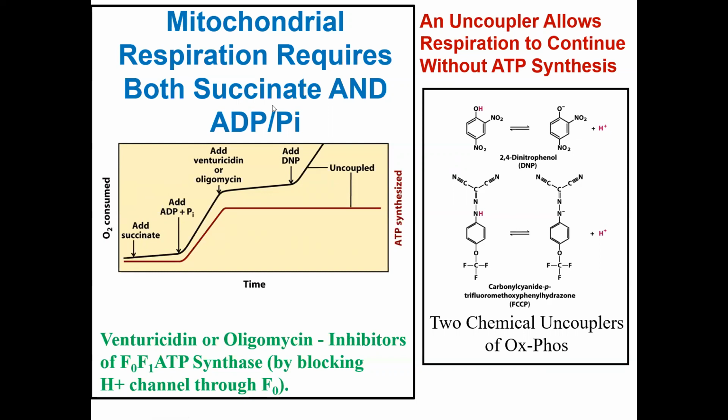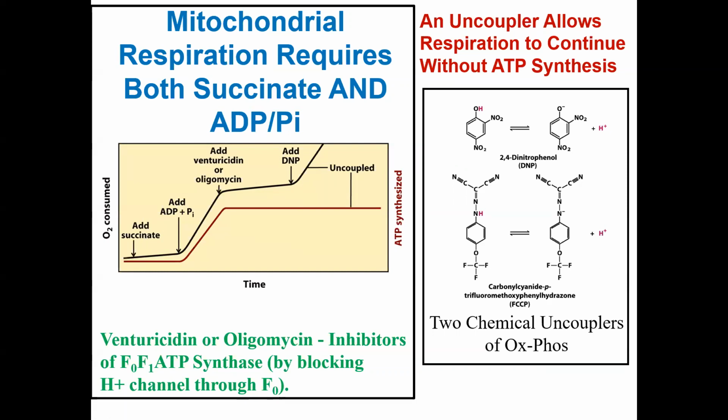But if you add certain molecules like venturicidin, okay, venturicidin, these are a group of antifungal compounds, or oligomycin. Oligomycin is an antibiotic that acts by binding to ATP synthase so that it blocks the proton channel. So this is basically the mechanism by which oligomycin inhibits OXPHOS in bacteria. It's an antibiotic.